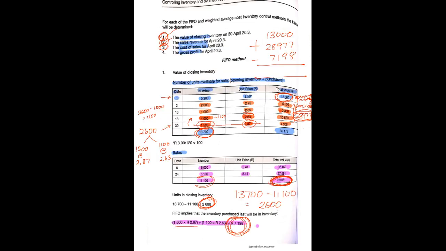Now that I'm seeing it, your purchases was actually 23,175.